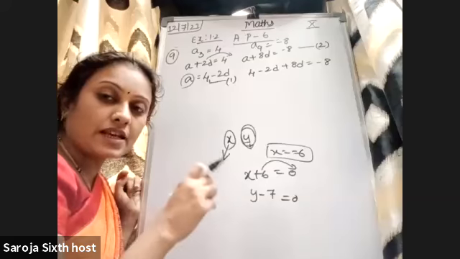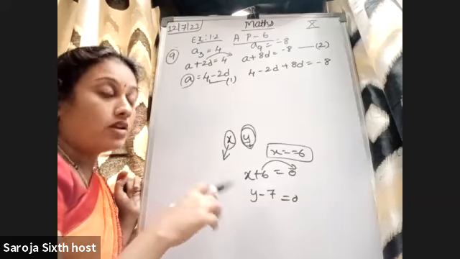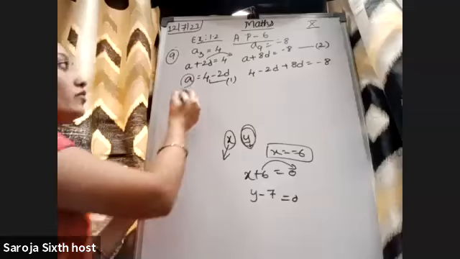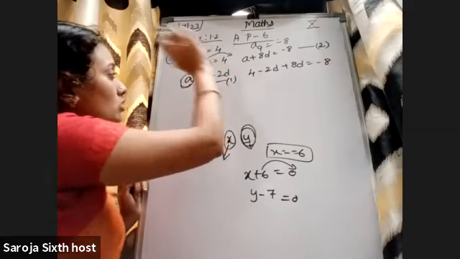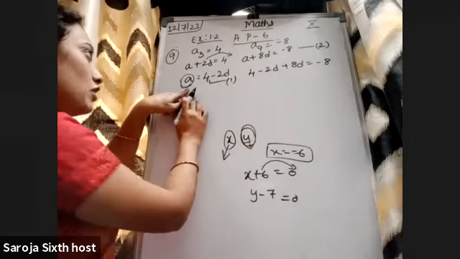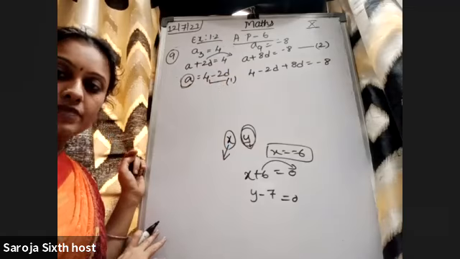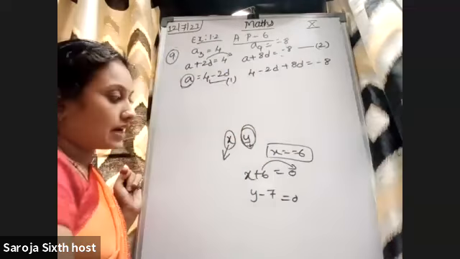This method is there in the linear equations of two variables chapter. So we will go for the substitution method. We will find out the unknown value A by shifting this 2D. So now what A value did you get? 4 minus 2D. Okay, so this value I will substitute in the second equation.